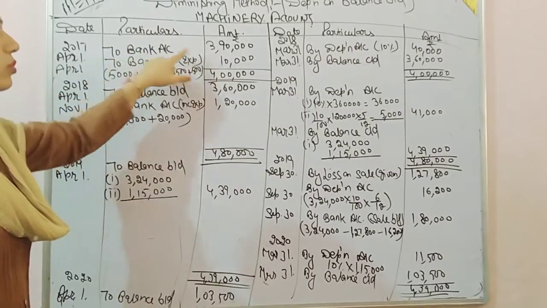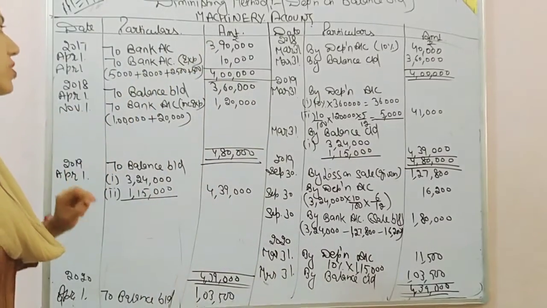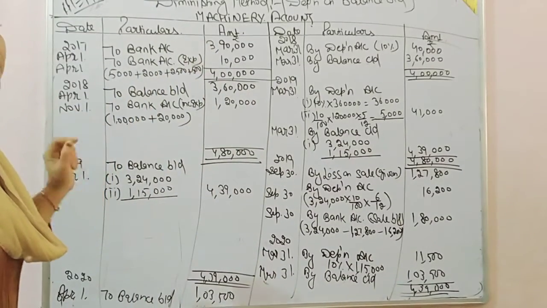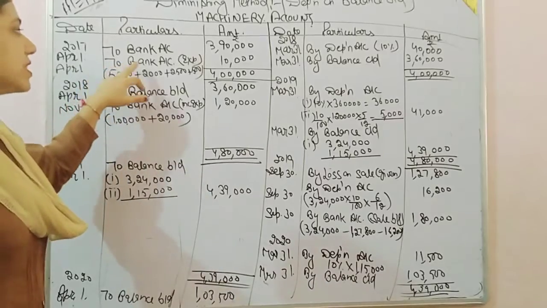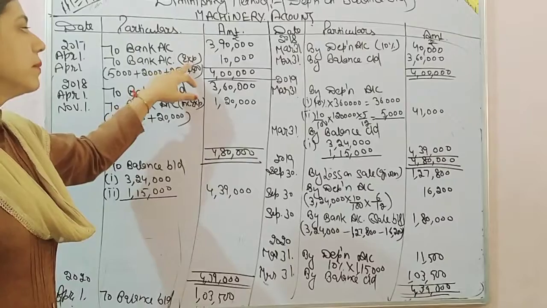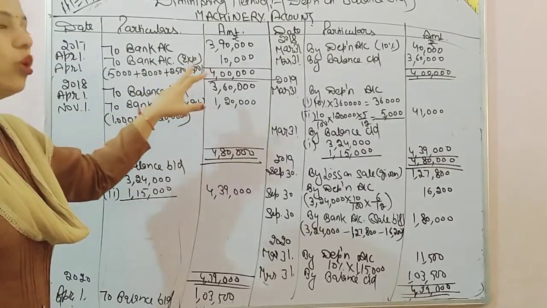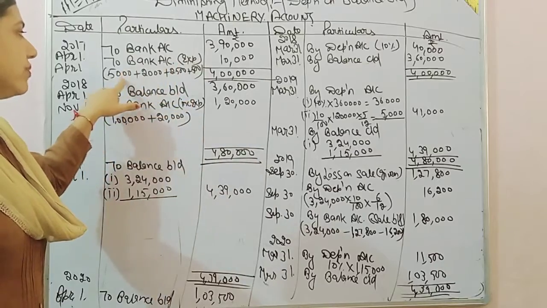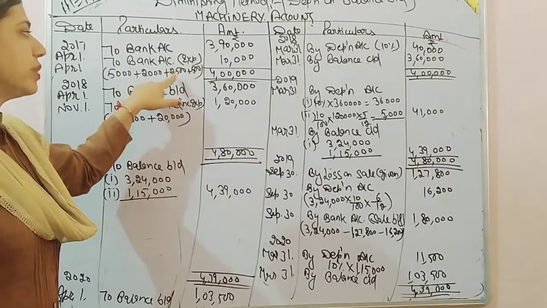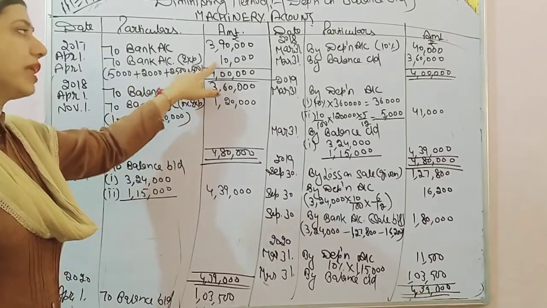So, to bank account 3,90,000, plus paid expenses on installation, carriage, etc. These expenses are also credited to bank account; in brackets we write expenses. Just add all these expenses: 5,000 plus 2,000 plus 2,500 plus 500. So total expenses are 10,000.